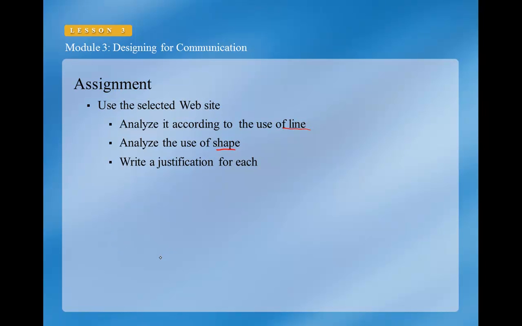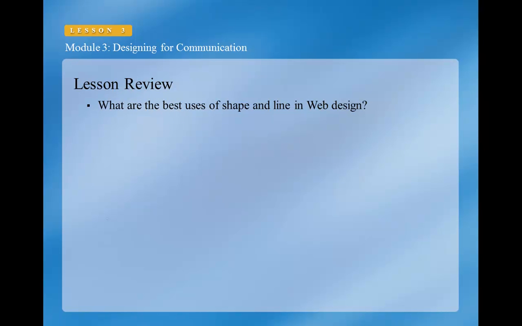Most sites I've seen use some sort of rectangles in their design process, and then also write about lines. So think about the best uses of shape in web design, and also think about how lines can be used in your web page. So when you're creating your imaginary business, it's very easy to put a horizontal rule in your web page to divide up different sections of it.